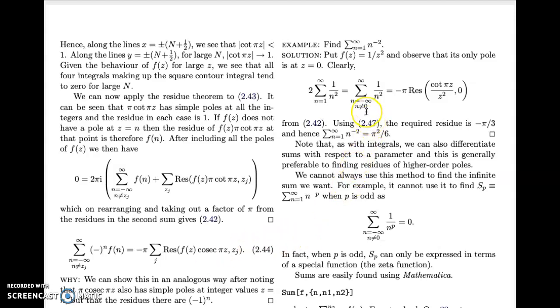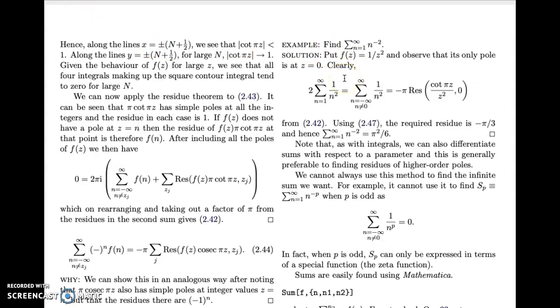So to do an example, let's find the sum of the squares. So we obviously have f of z equal to 1 over z squared. This only has one pole at z equals 0.